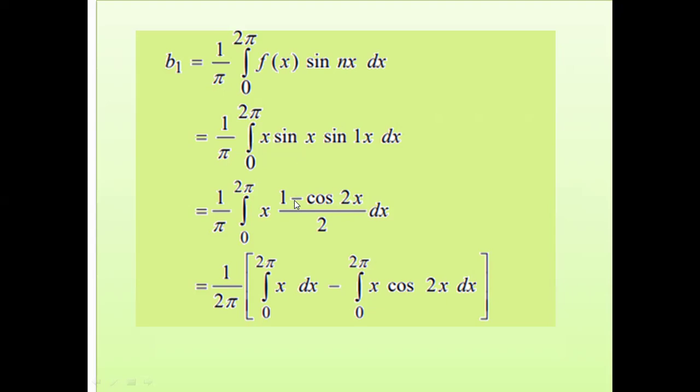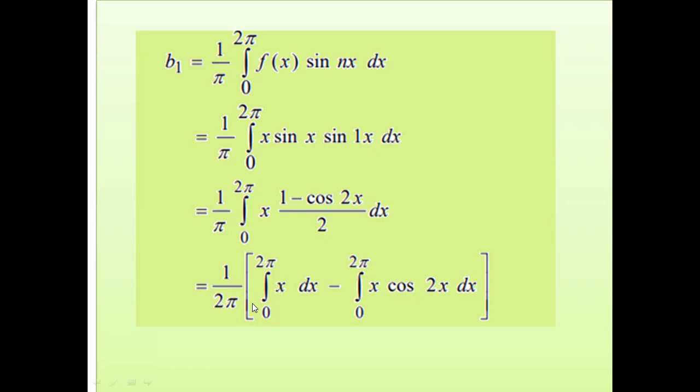Sin square x you write as 1 minus cos 2x by 2. So b1 is equal to integral 0 to 2 pi x into (1 by 2 minus cos 2x by 2).